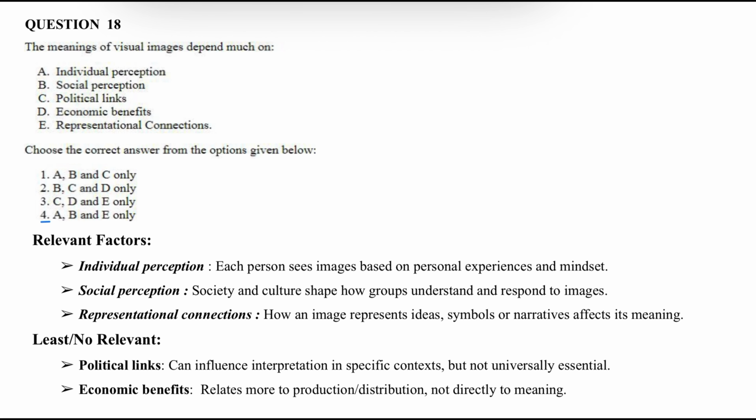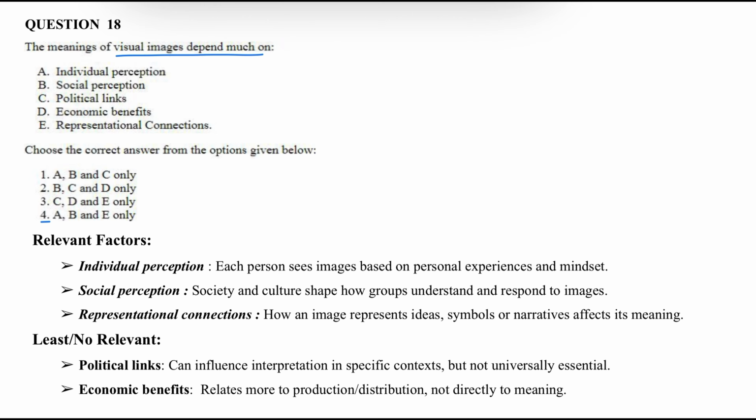Question number 18. The meanings of visual images depend much on A. Individual perception, B. Social perception, C. Political links, D. Economic benefits, E. Representational connections. Choose the correct answers from the options given below.